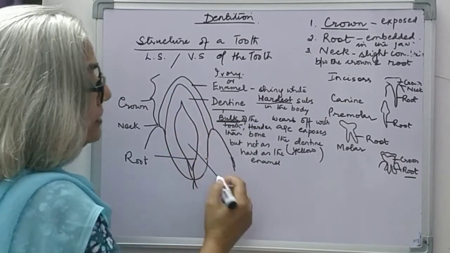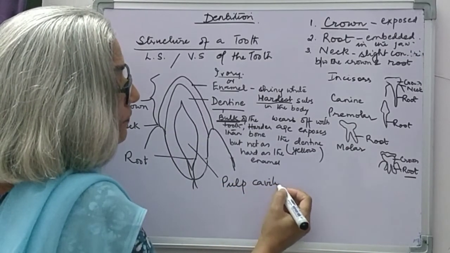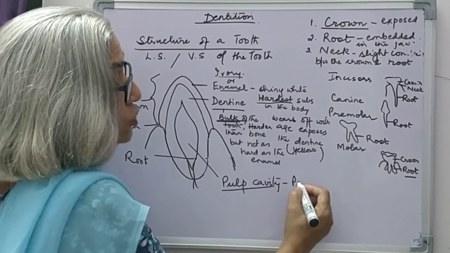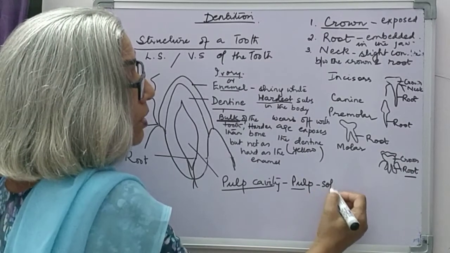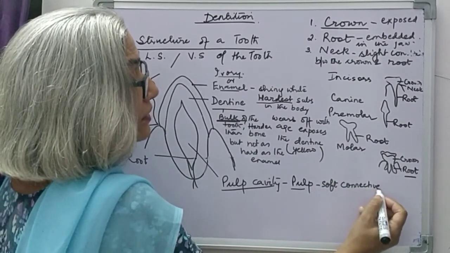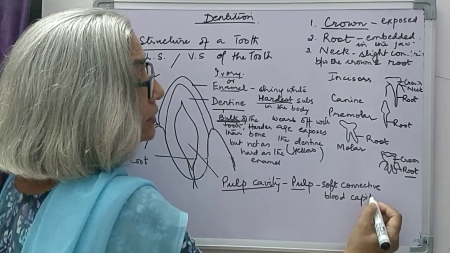Inside there is a cavity called the pulp cavity. The pulp cavity contains soft connective tissue called pulp, which is rich in blood capillaries.